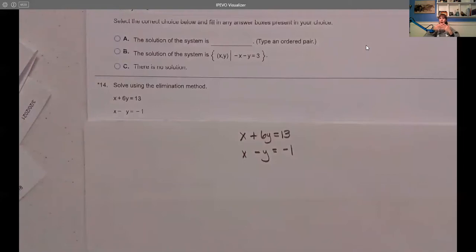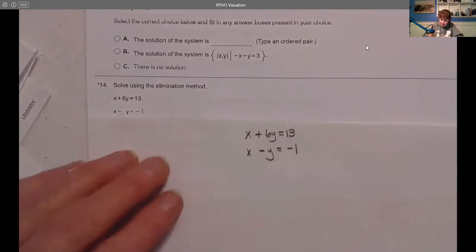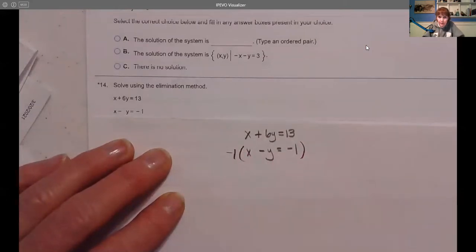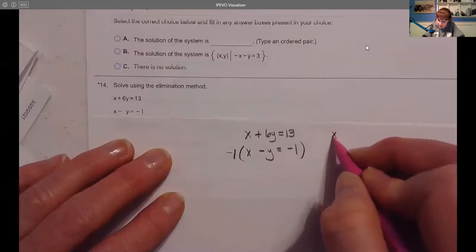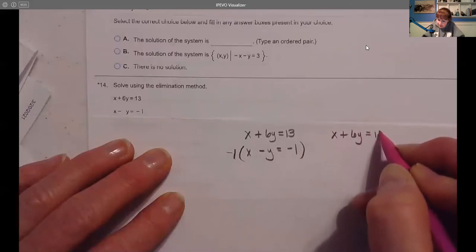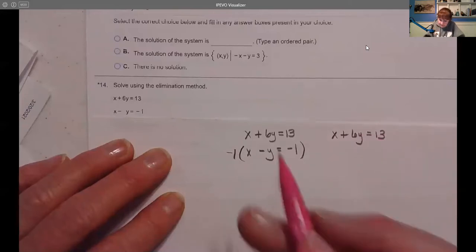Well, multiply one of those by a -1. And that will change the sign on everything. So I'm going to multiply this bottom one by a -1. I'm going to leave the top one alone. And this is going to create the x's as being equal and opposite, so they drop out.